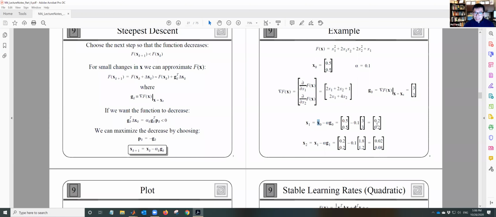At the new location, I put this value into this equation, and I will be able to get g1. Then g1 times alpha, subtracted from the previous location, gives a new location. Then we continue.